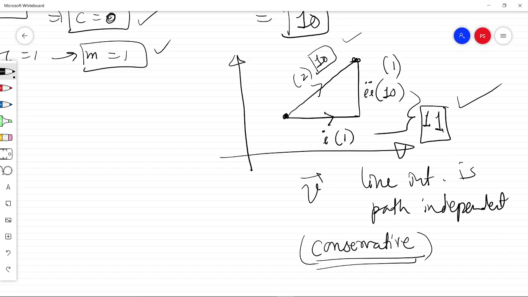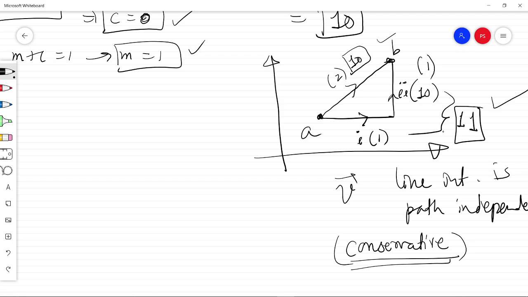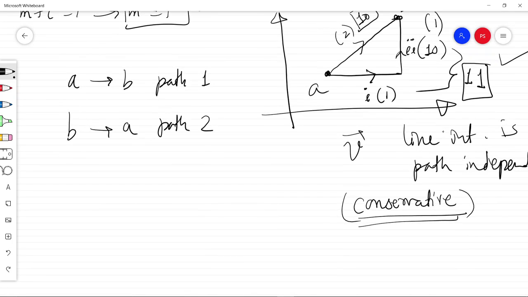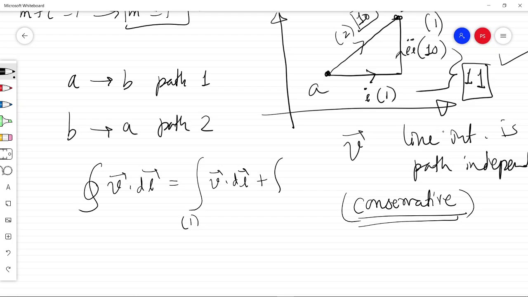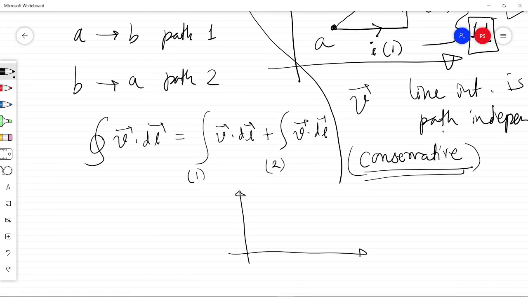If we want the value of the closed integral, so if we go from a to b by following path 1, and return from b to a by following path 2, the closed line integral in that case would be the integral for path 1 of v bar dot dl bar plus the integral for path 2 of v bar dot dl bar. But we should note that when we do this, we just reverse the direction for path 2. So we go from a to b by following path 1, but we return from b to a.